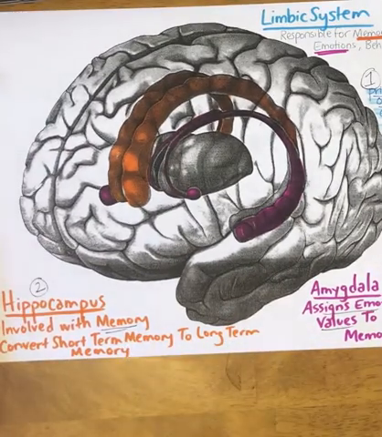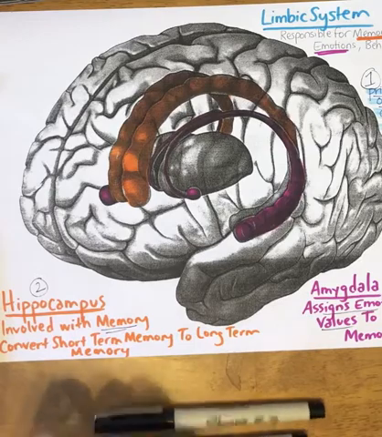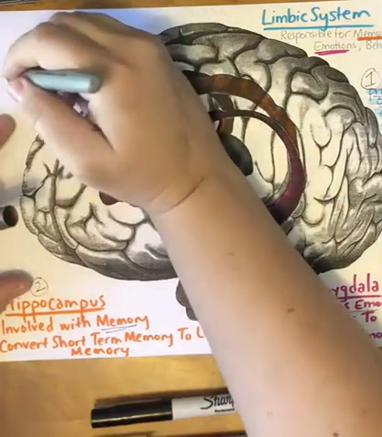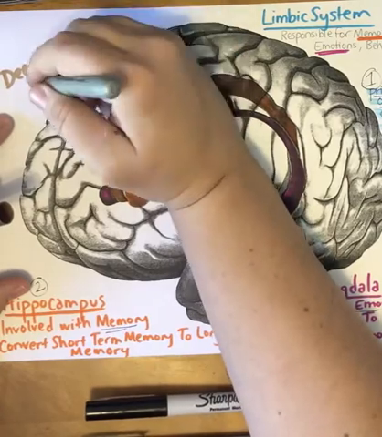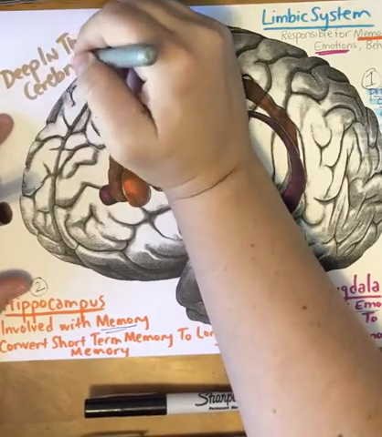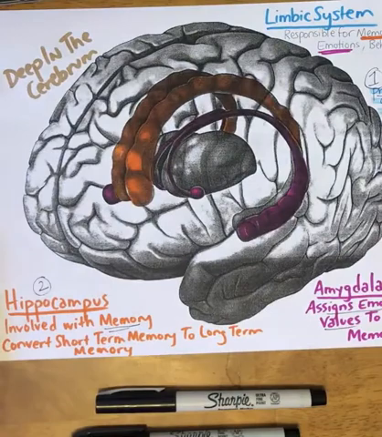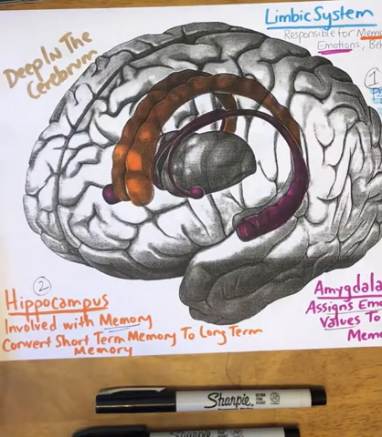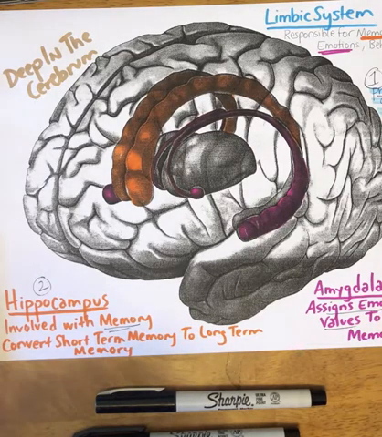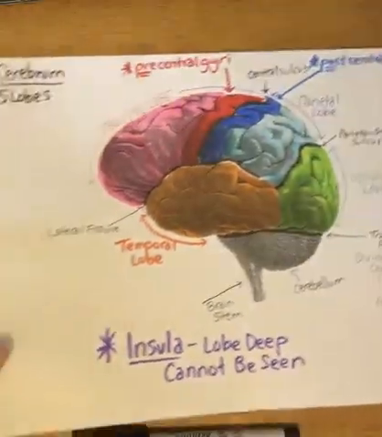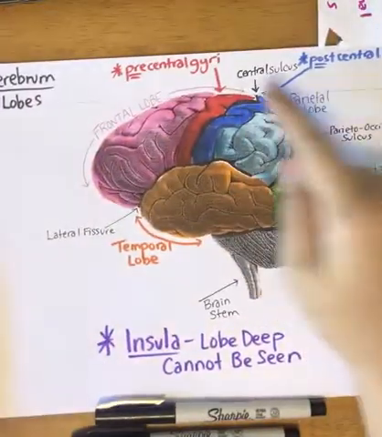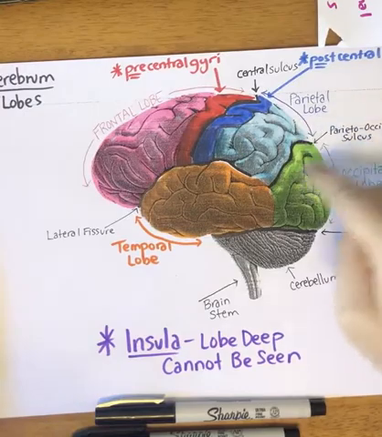On the limbic system, we would also need to say on here, these are deep in the cerebrum. So when we talk about the cerebrum, going way back, because we're still on the cerebrum, we first talked about the outer portion of the cerebrum, how the central sulcuses divide the lobes.